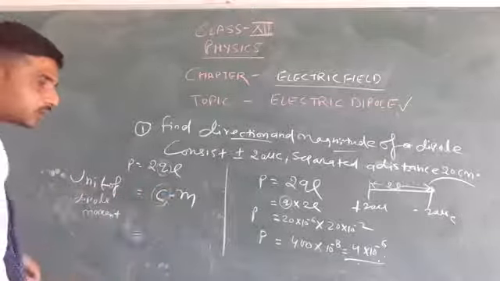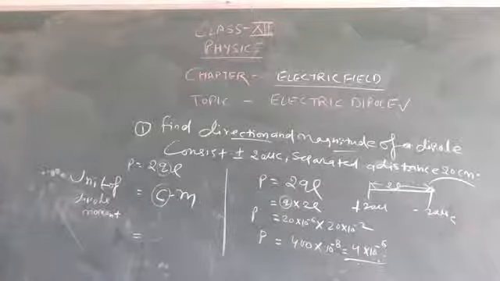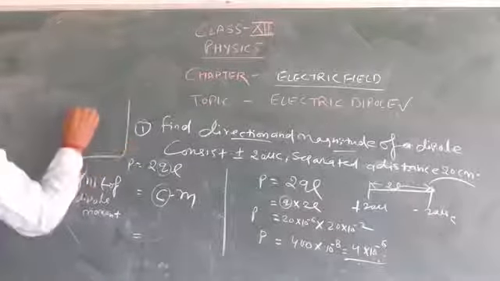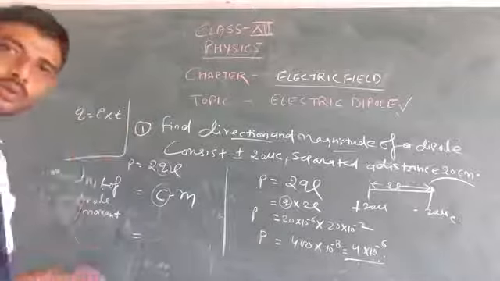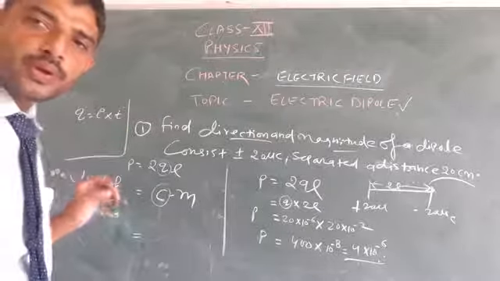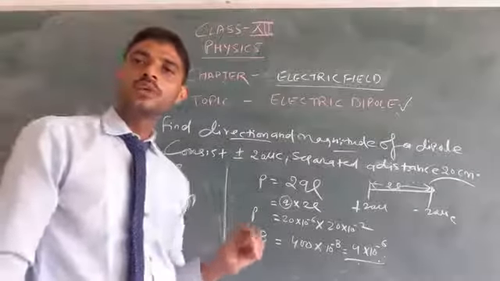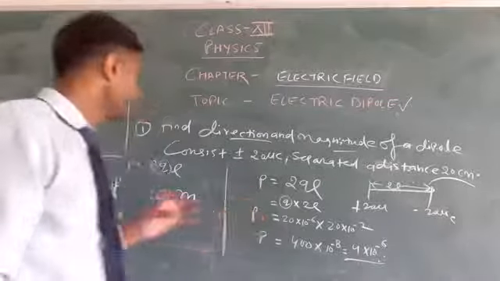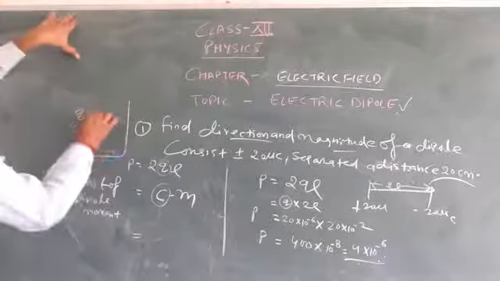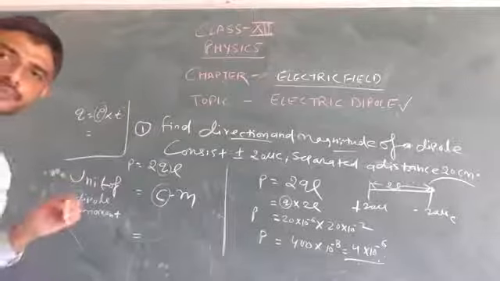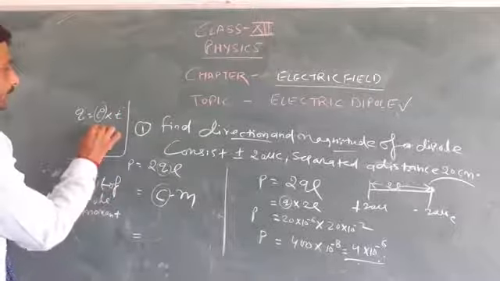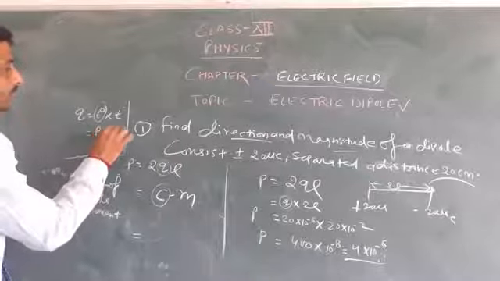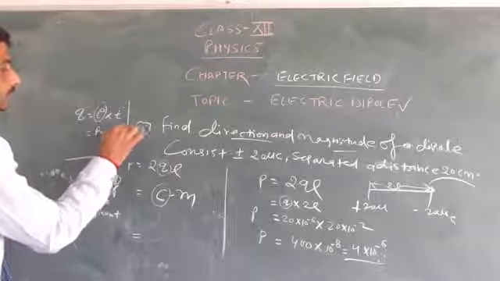As you know, the formula Q equal to I into T. You have studied this in 10th class. Q equal to I into T. What is I? I is current. Current means ampere. And this is time, second.